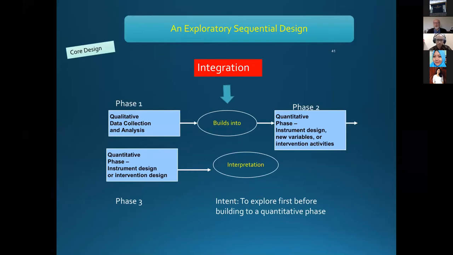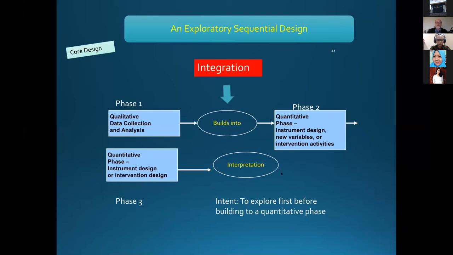The third core design is an exploratory sequential design. Rather than starting quantitatively, you see here in phase 1, we're going to explore qualitatively. And we're going to come up with information that then helps us build or make context specific or cultural specific our quantitative instrument or our intervention activities. And then we're going to test in phase 3, this quantitative phase, and then make an interpretation.